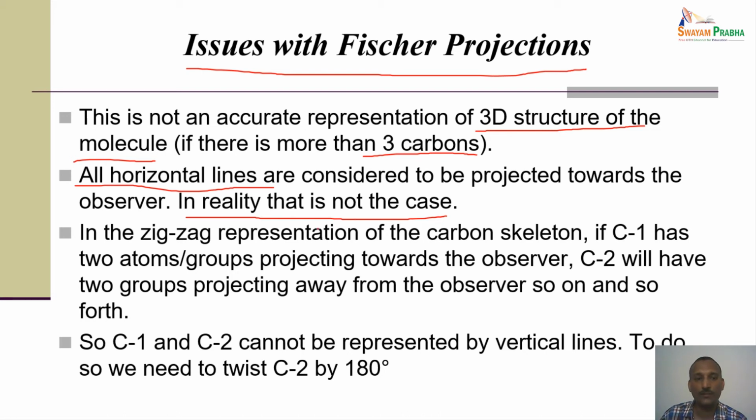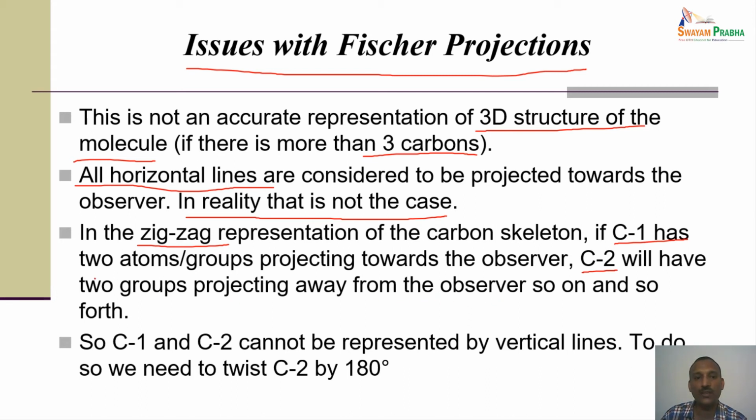So when we write the zigzag representation of the carbon skeleton, and if C1 has two atoms or groups projecting towards the observer, then carbon 2, not necessarily the top carbon or the bottom carbon, any two adjacent carbons are what we are representing here as C1 and C2. The second carbon will have two groups projecting away from the observer.